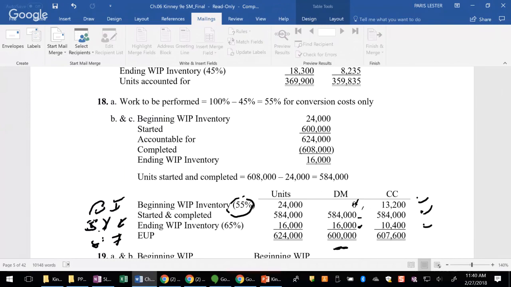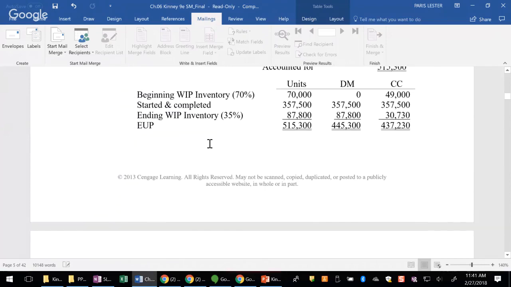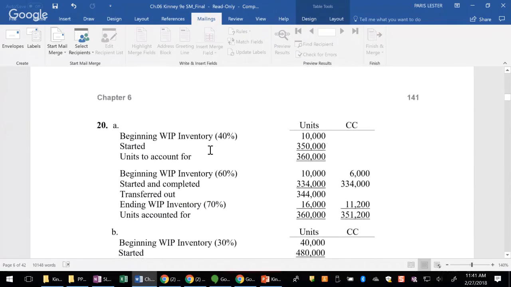If you practice these, you will be getting pretty darn good. Number 20, using the information exercise 17. So now, if you use that information, number 20, you are doing 4 more problems. You're doing FIFO 4 different times.